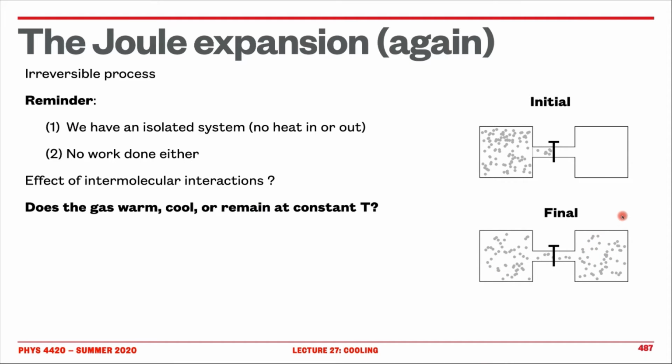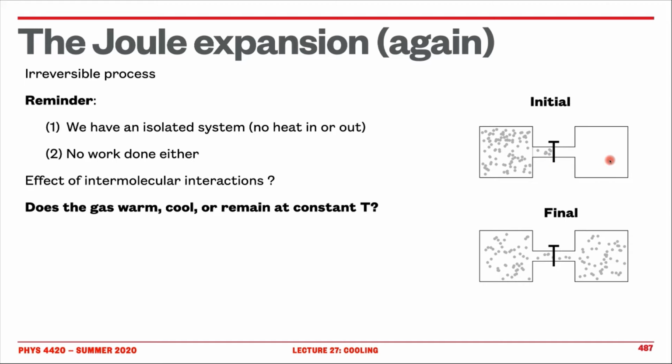Now, something that's very important, of course, it is an irreversible process. We've studied this at length, that the entropy has to increase. The experiment is set up so that there is an isolated system, so there is no heat in and out. And of course, during this process, when the gas moves against vacuum, the PdV, P is of course 0, therefore there is no work done.